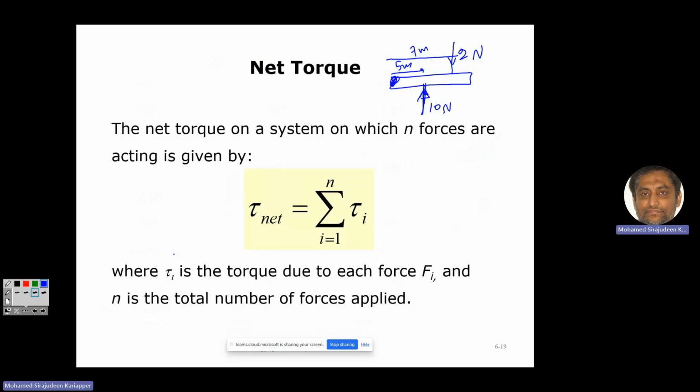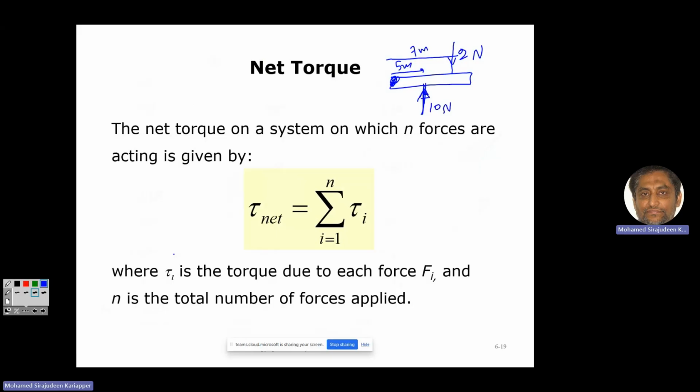So what will happen? Will it rotate counterclockwise or clockwise? His torque is plus 50, and the other guy's torque is minus 14. So the net torque is 50 minus 14. Still it is positive, but instead of helping him, he is actually working in the opposite direction. So he has reduced the torque.